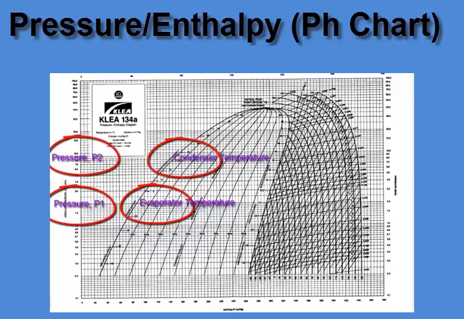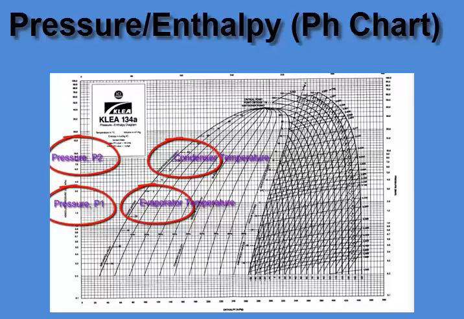So on this pH diagram again we notice that there is a low pressure and a high pressure, and correspondingly there is also a temperature. For low pressure we have the evaporator temperature, and for the high pressure the condenser temperature.